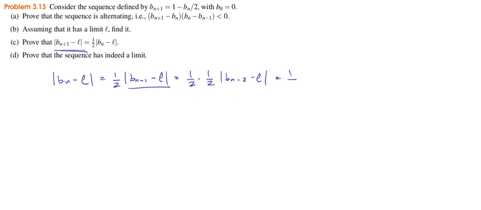Or in other words, 1 over 2 squared times b sub n minus 2 minus L. Well, you can make the argument again, and you will see that you have 1 over 2 cubed times b sub n minus 3 minus L. And if you do this argument over and over again, you will see that you have 1 over 2 to the n times b sub 0 minus L.